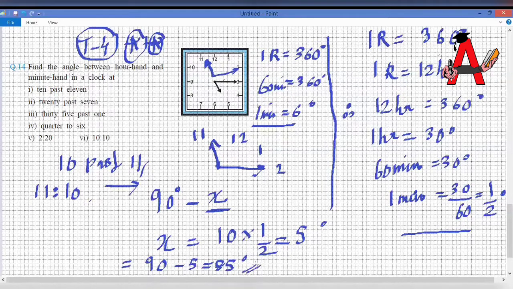That is the answer. So always remember the angle which is made for the hour hand, remove whatever is the extra. That is an example of 10 past 11.